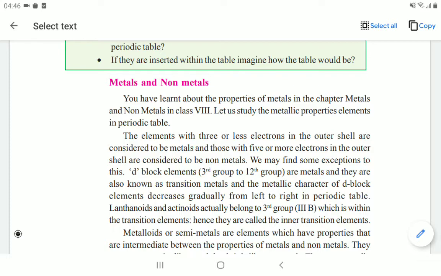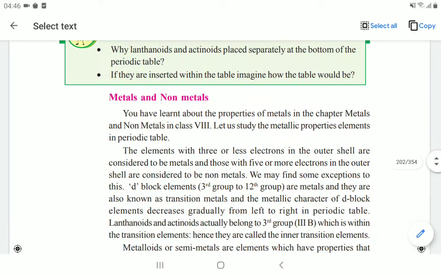The elements which have exactly 4 valence electrons will be considered metalloids or semi-metals. Okay, so these are the metals and non-metals.